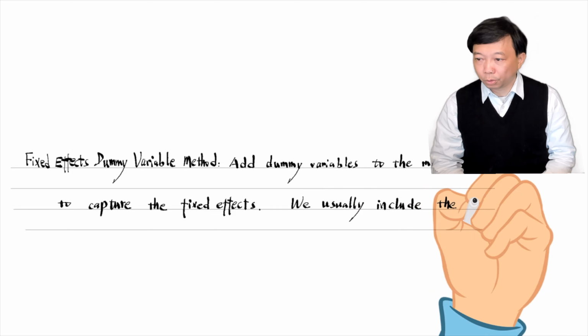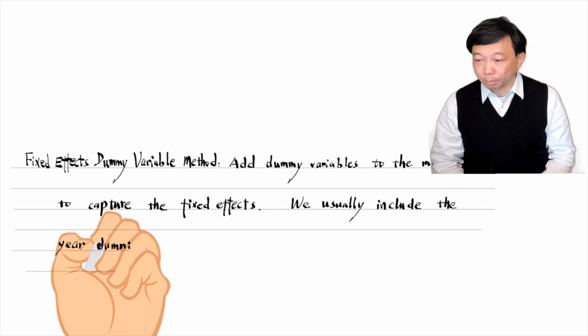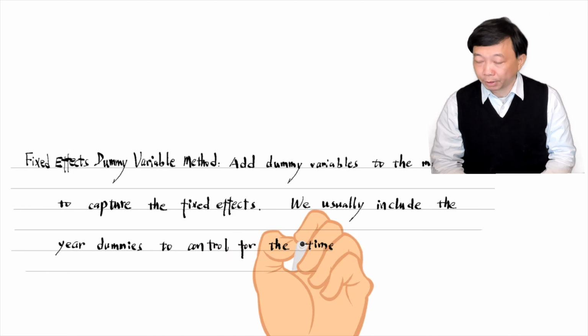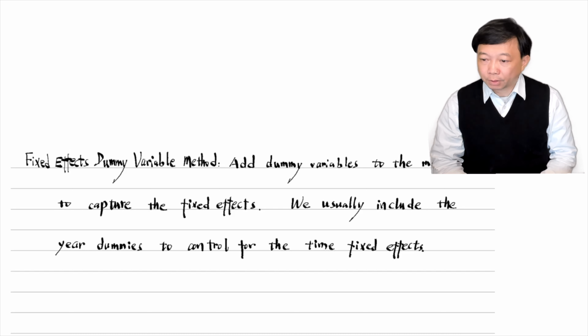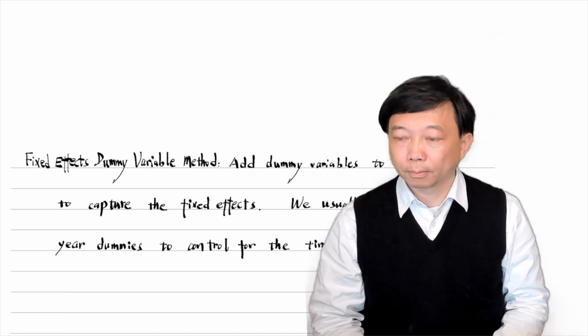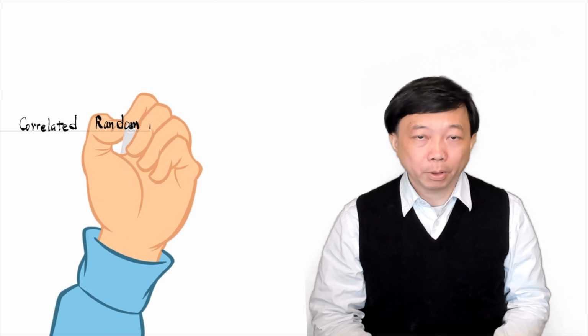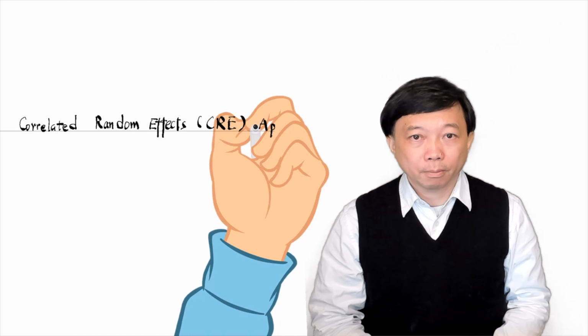We usually include the year dummy variables in the model to control for the time fixed effects. With the fixed effects dummy variable method, each individual's time constant factors are in the fixed effects dummy, and we estimate them directly. The above three methods are the traditional approaches for panel data.